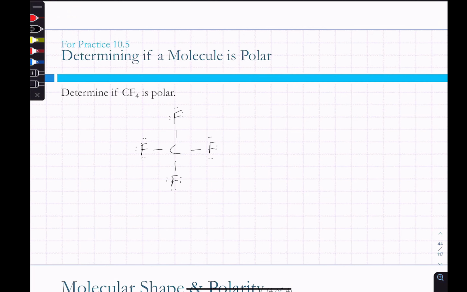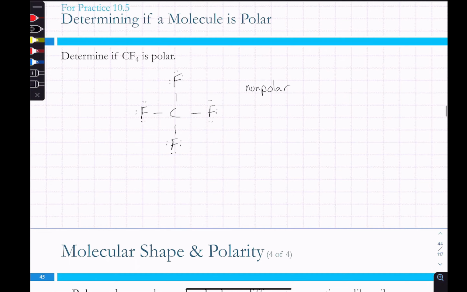So the only situation that you would have is nonpolar. Okay, I'll let you do your own research, draw your own conclusions. Nonpolar. Yes, sir. Thank you for your contribution.